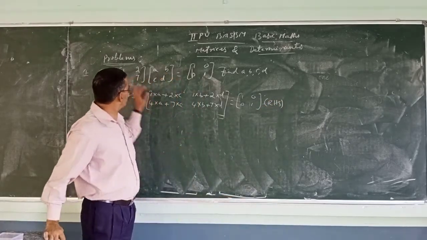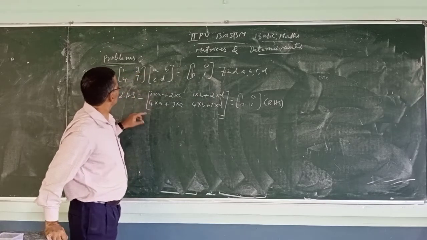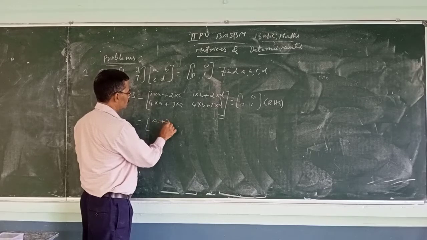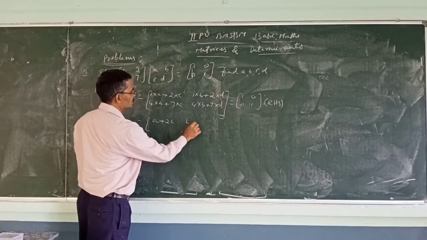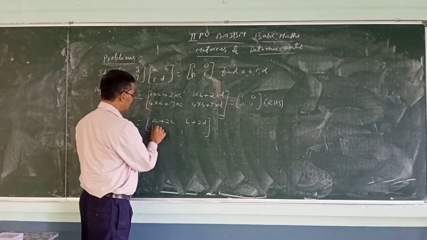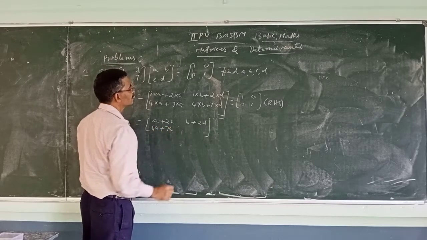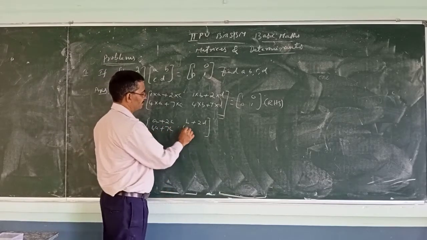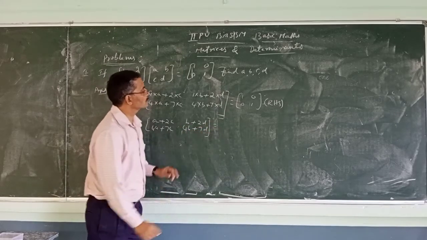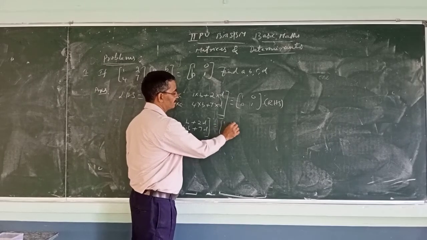So the product gives A plus 2C, B plus 2D, 4A plus 7C, 4B plus 7D, equal to 1 0 0 1.